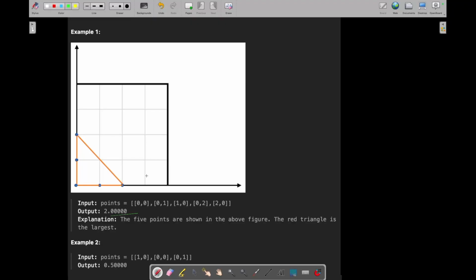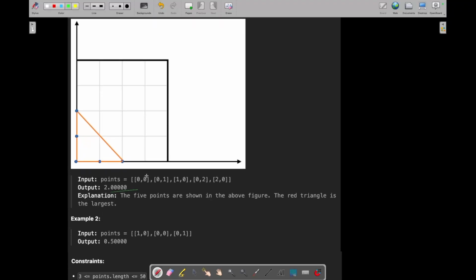So what you have been given in this question is an array of points which contain some coordinates, and we need to find the maximum area of a triangle by taking any 3 points from this points array. We need to maximize this triangle area. In this example you can see you have been given these 5 points.